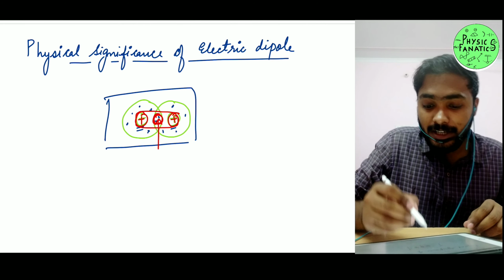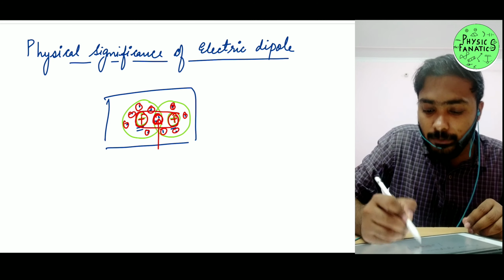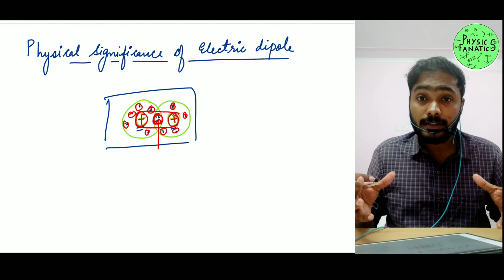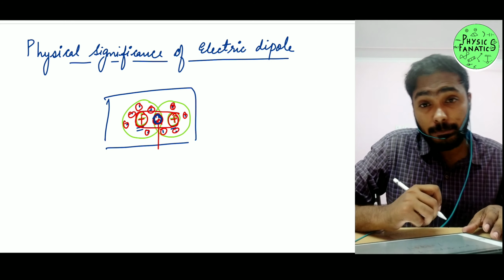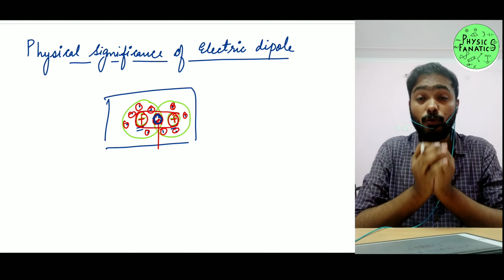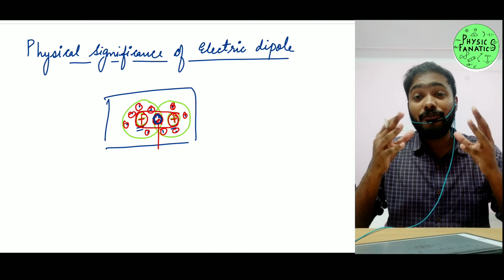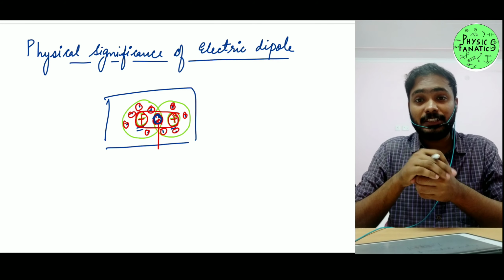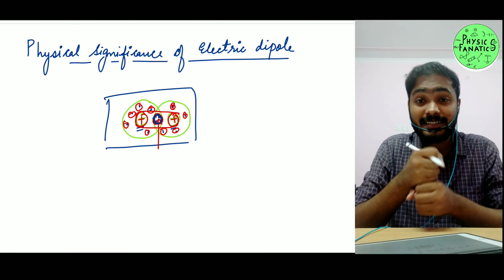Very similarly, when I talk about all the negative part, in most of the molecules, when I calculate the center of the negative part, it also coincides with the positive part. So the center of positive part and the center of negative part both coincide at the same place in most of the molecules. When they coincide at the same place, what does that mean?